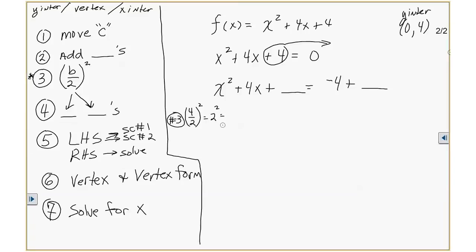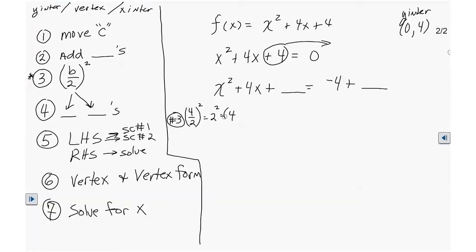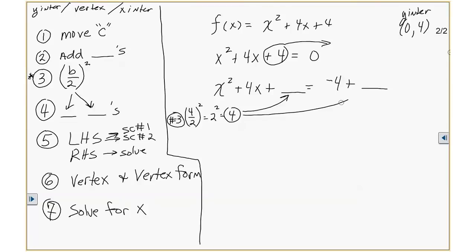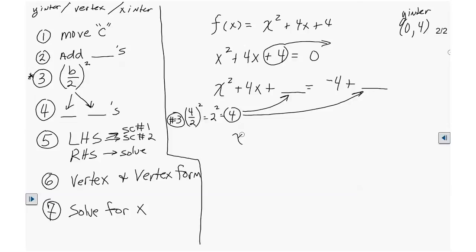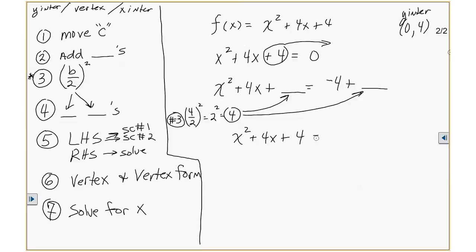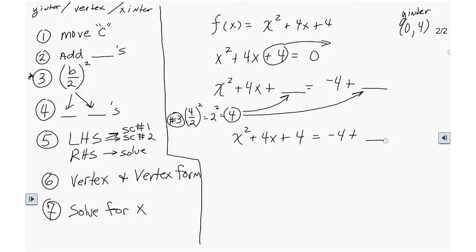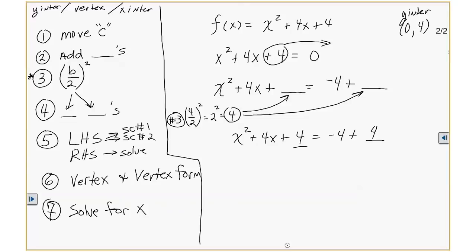And 2 squared is 4, and 4 goes here and here. So now you get x squared plus 4x plus 4 is equal to -4 plus 4. Now this just so happens to come out before. It's not going to do that all the time.